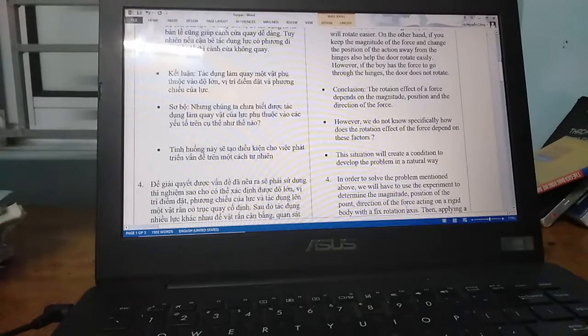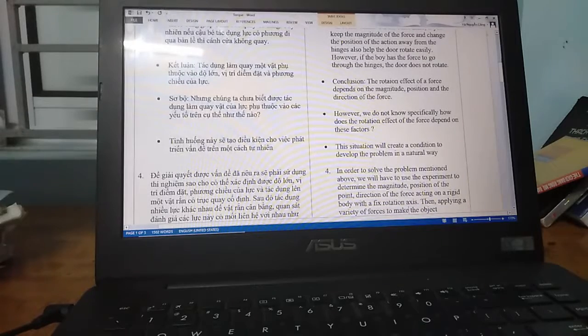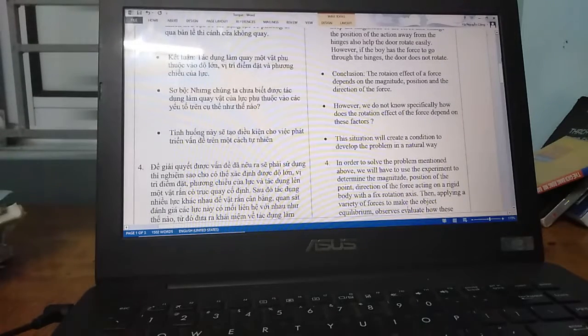On the other hand, if you keep the magnitude of the force and change the position of the action away from the hinge, the door also rotates easily. However, if the boy's force goes through the hinge, the door does not rotate at all.